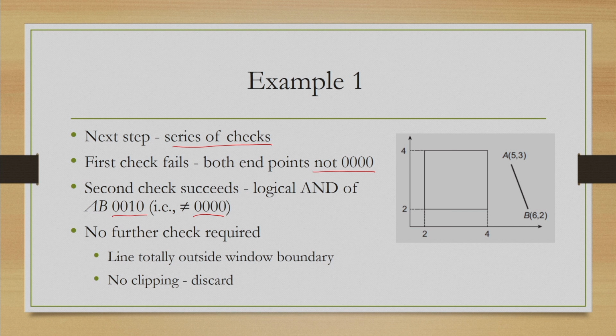So, we can be sure that this line is completely outside the window boundary. No further check is required and we can simply discard it. So, this particular line will be completely discarded. Just by checking the region codes, we managed to determine that it is completely outside.